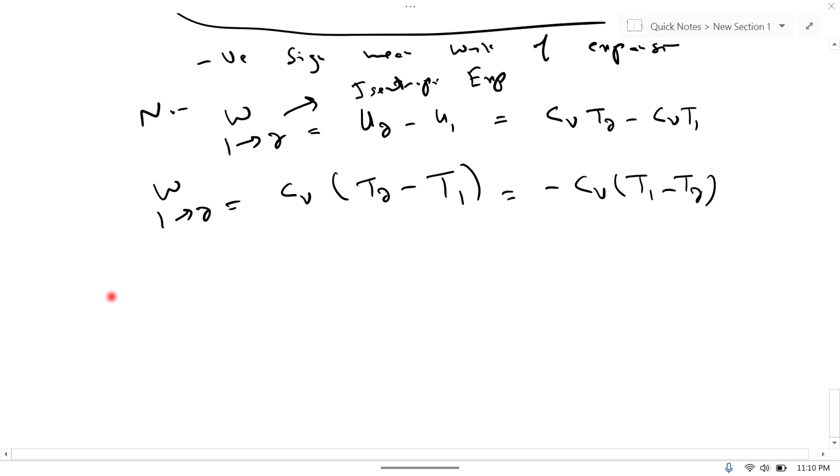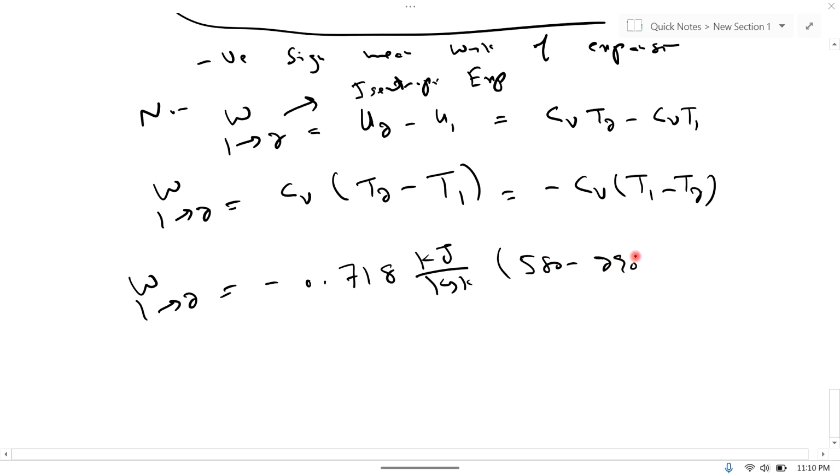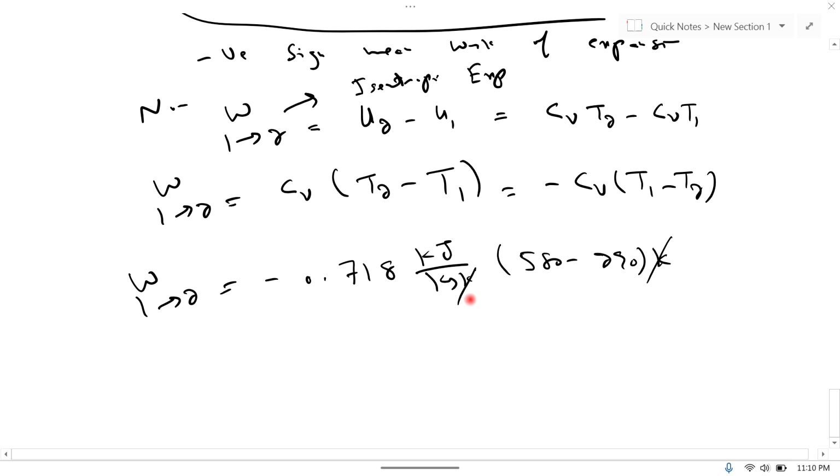So multiply by minus, again the result will be this. For air, CV is 0.718 kilojoule per kilogram per Kelvin. T1 minus T2 is 580 minus 290 Kelvin. This Kelvin will be cancelled with Kelvin.